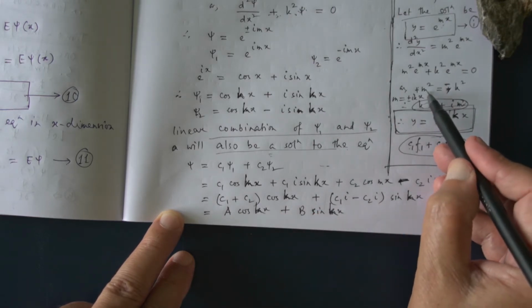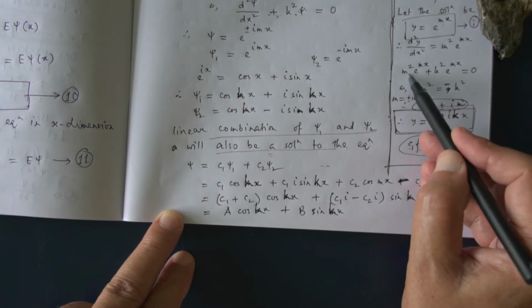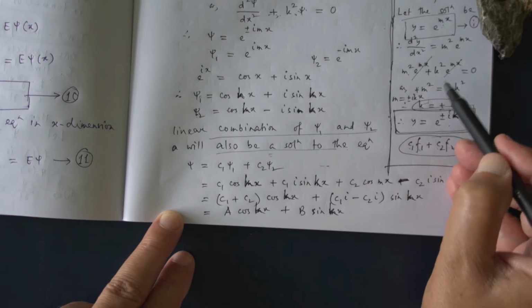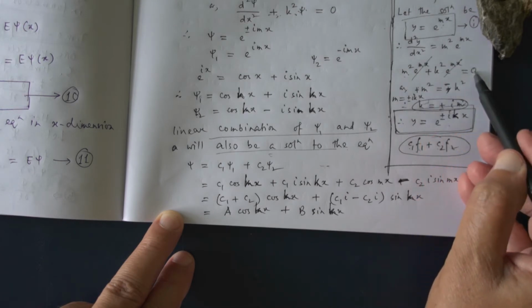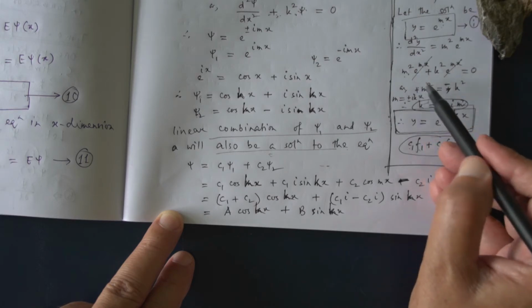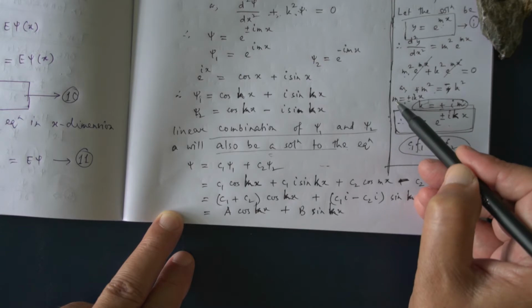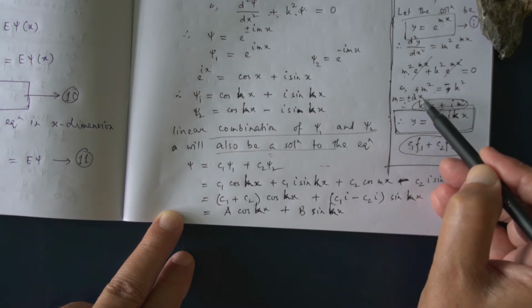Because you see, m square plus k square equal to 0. This cancels. So m square equal to minus k square, so m equal to plus minus i k. So this will be i k x, and we can write the solution in terms of kx.